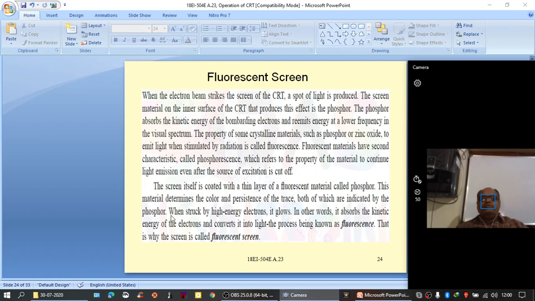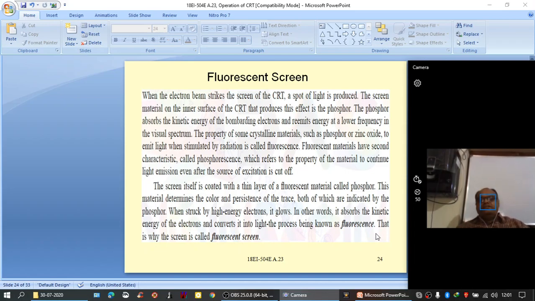When struck by high energy electrons, it glows. In other words, it absorbs the kinetic energy of electrons and converts it into light, the process being known as fluorescence.